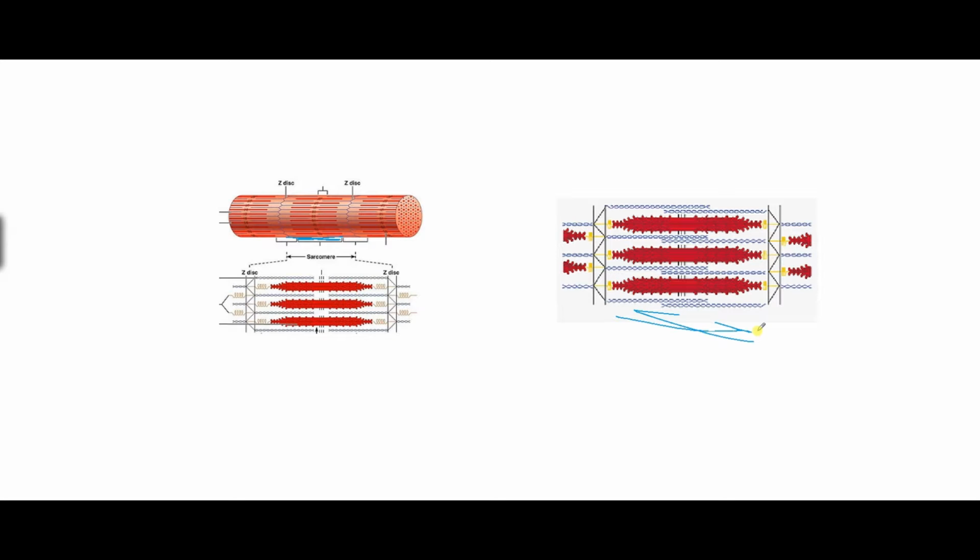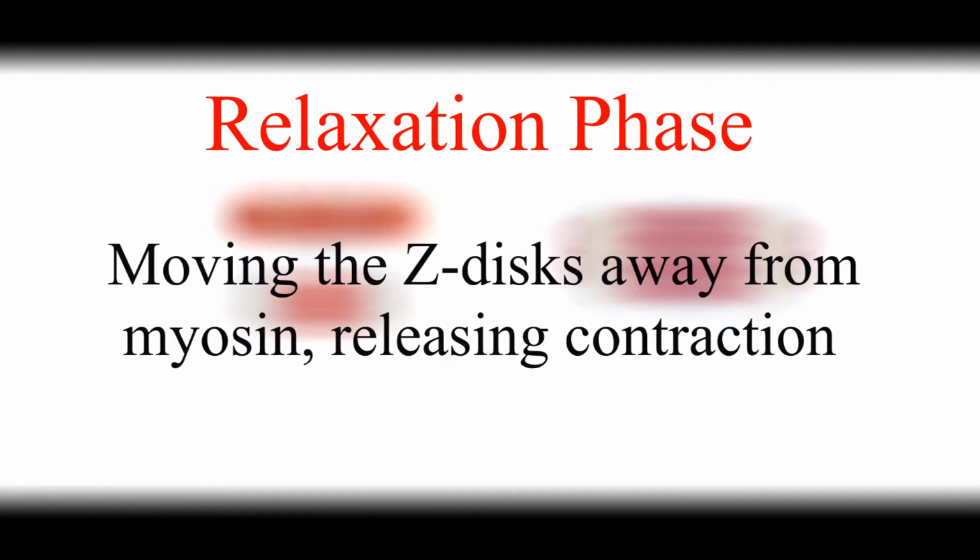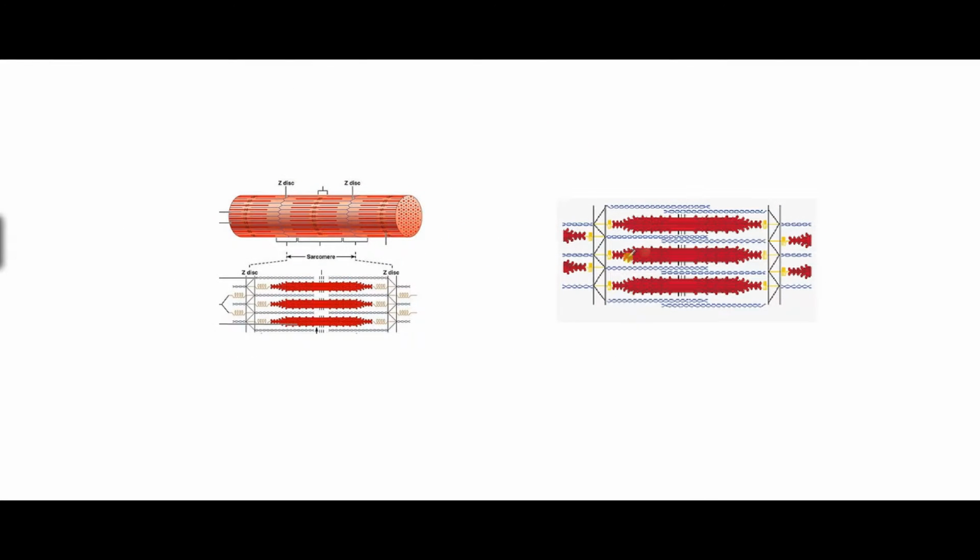Now, the last stage is called the relaxation phase, which, wow, I mean, brilliant titling. But really, in this case, we move from this contraction phase with these springs or these coils being cramped up and the myosin being right up to the Z-disc, and we see the myosin then move back to its original starting position.